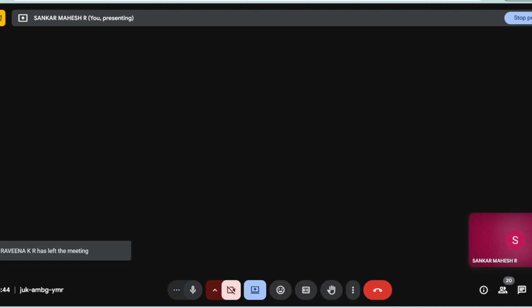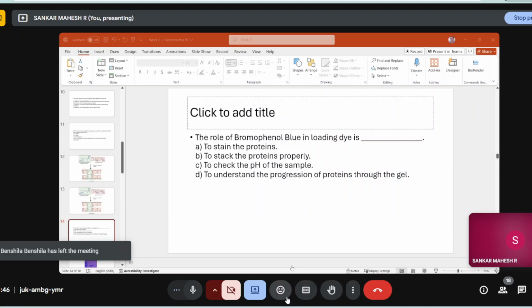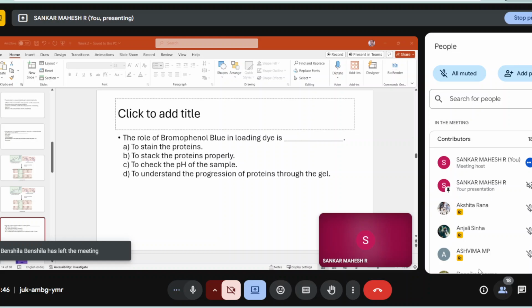Of bromophenol blue, option A, stain the proteins, option B, stack. Whoever wants to answer.